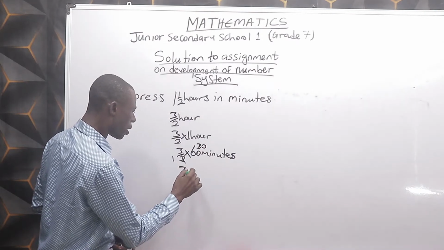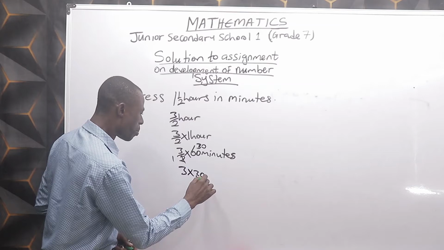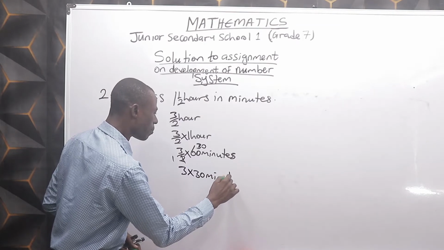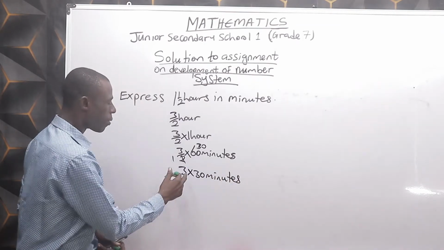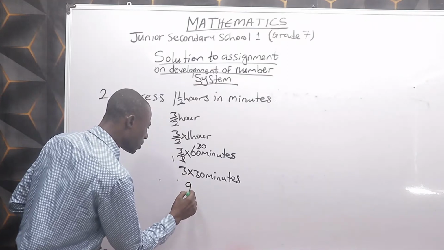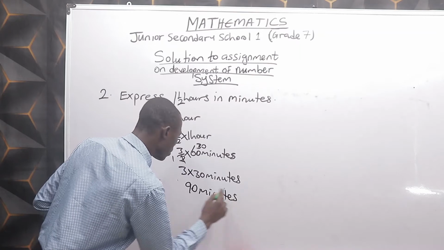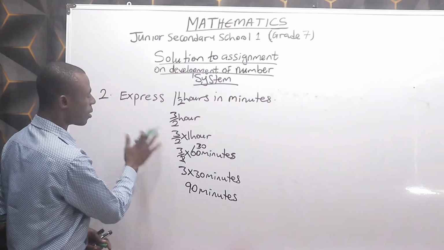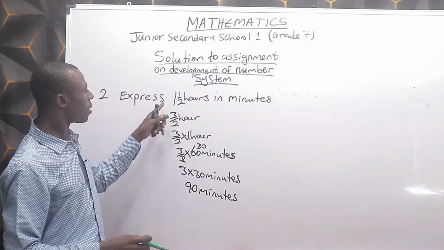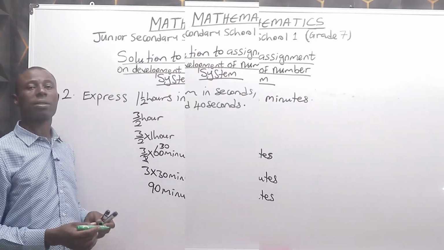So we have 3 times 30 minutes. 3 times 30 is 90 minutes. And that is how to convert hours to minutes.